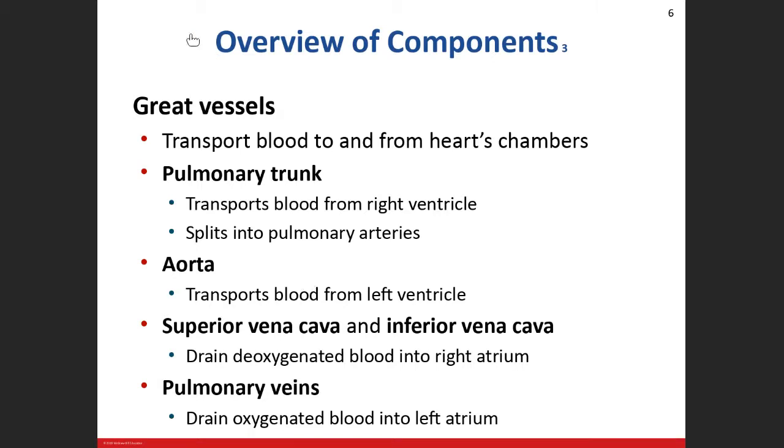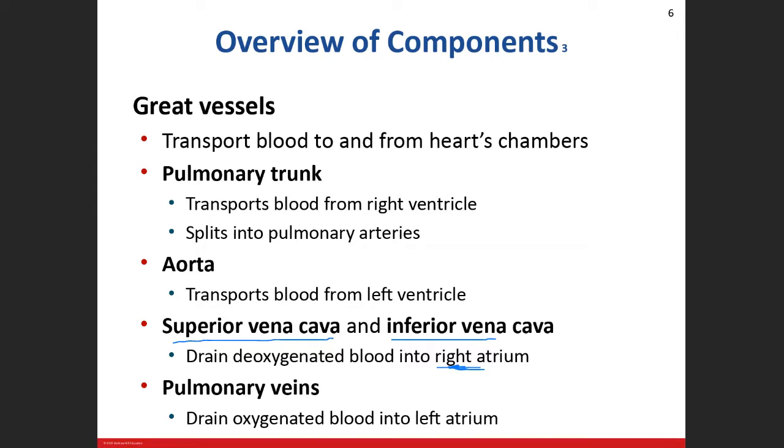All right, so now on the left side of our heart, we're going to have blood being brought back from the body. So the blood that comes from the top portion of our body comes through the superior vena cava, and the blood that comes from the bottom portion of your body comes from the inferior vena cava. Well, they both drain into the right atrium. They're going to bring deoxygenated blood into the right atrium.